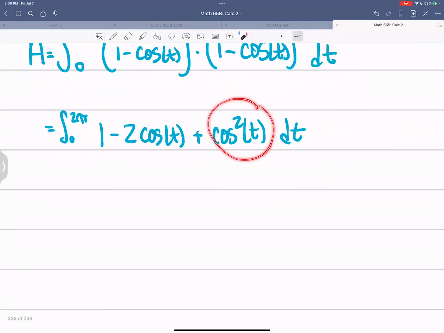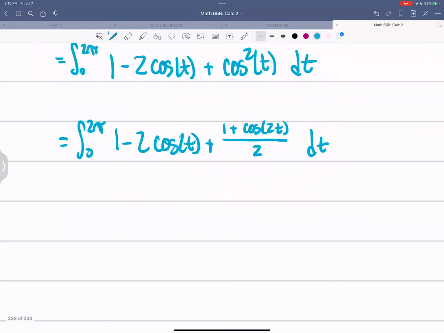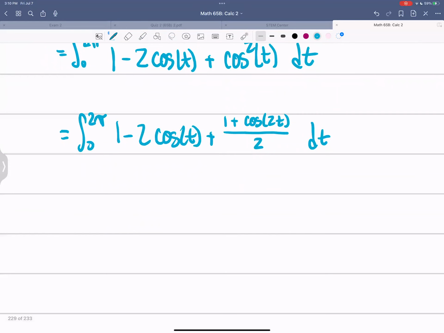We can't just integrate this as is, so let's do the tough work here before we start integrating. 1 minus 2 cosine t plus cosine squared t is going to be 1 minus 2 cosine t plus (1 plus cosine of 2t) over 2, dt. And let's pull out that 1/2.